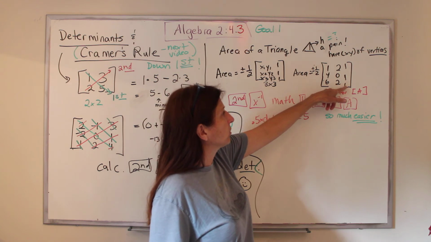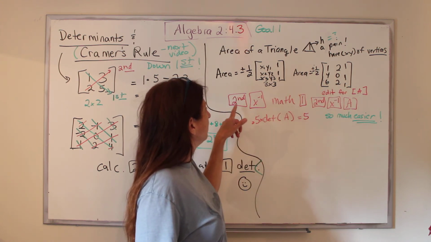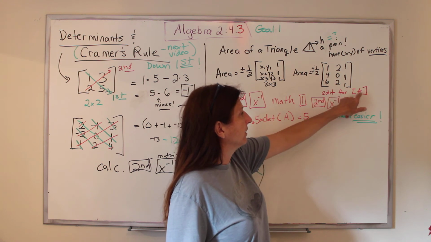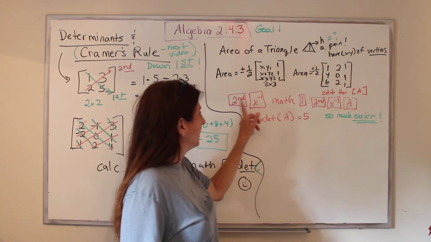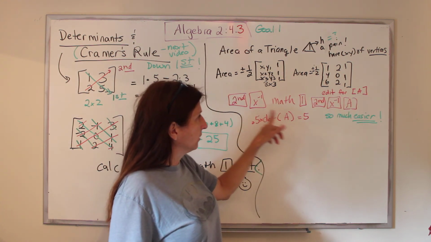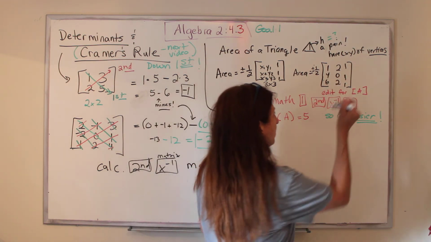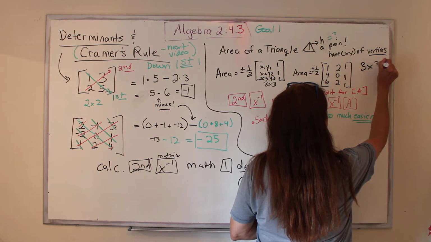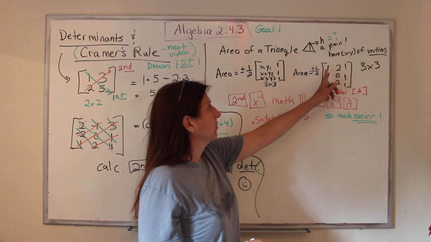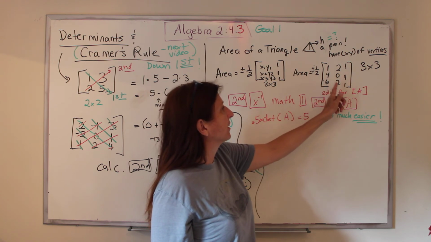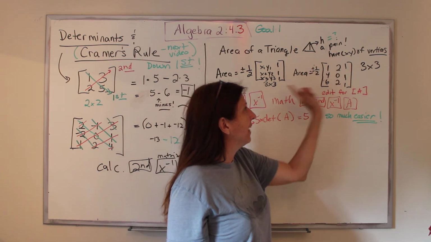So here's one to try on your calculator. Put this in, go under edit, and put this in for A. Do second x to the -1, select edit, and make this a 3x3 matrix, write that in, and then put in these numbers, 1, 2, 1, 4, 1, 4, 0, 1, 6, 2, 1, and they make you do it that way.